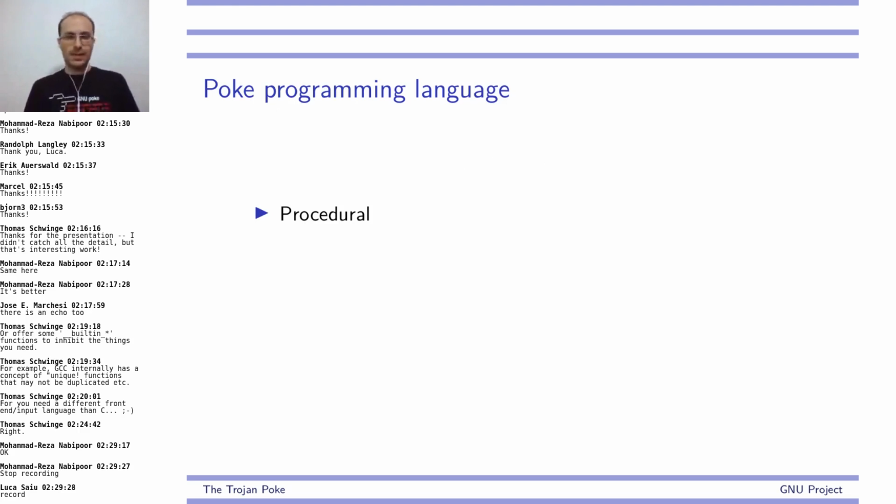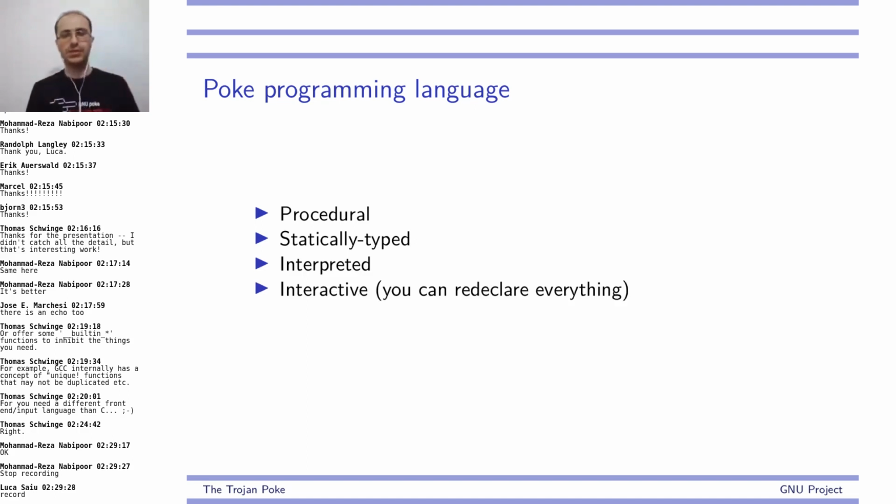So, what is the Poke programming language? It's procedural and statically typed. This is unusual for interactive programs, but I like static typing because it catches a lot of errors early, and this is awesome. It is interpreted, as I told you it uses jitter, and it's interactive.